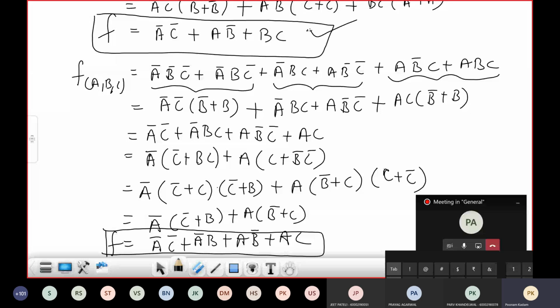So you see, there is no fixed procedure as such. When you use Boolean algebra theorems to minimize a logical expression, there is no fixed procedure. It is up to the user, up to me, which pair I want to combine.